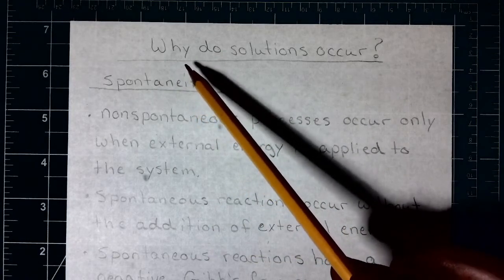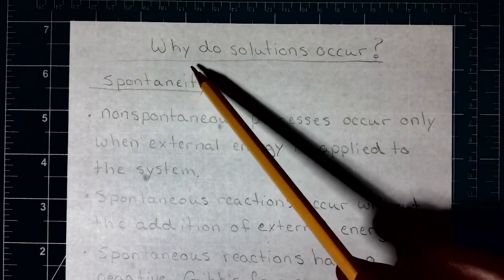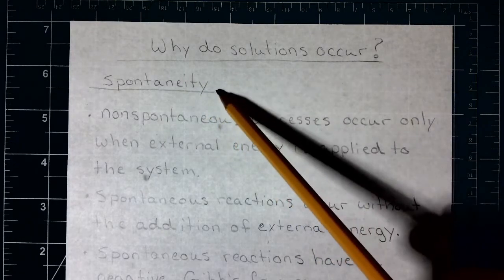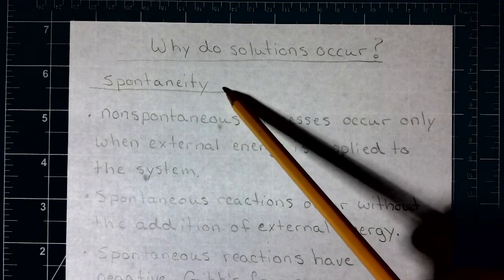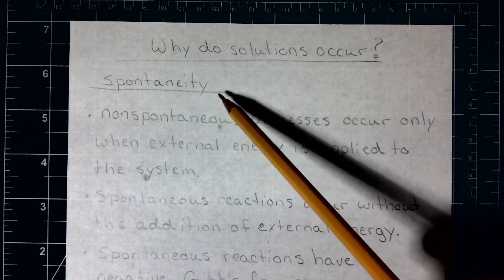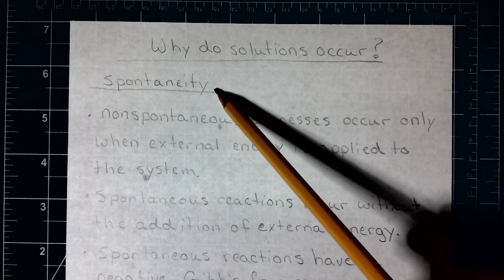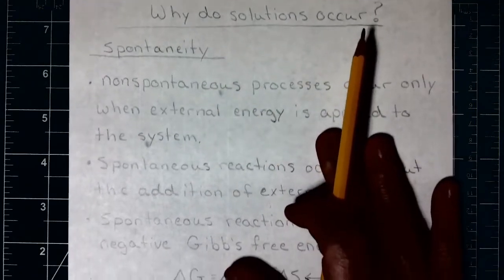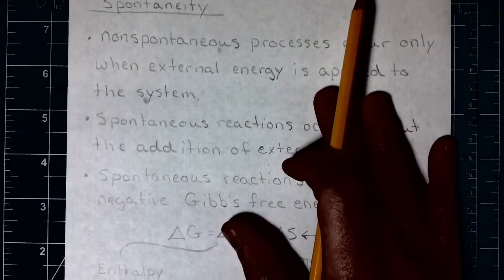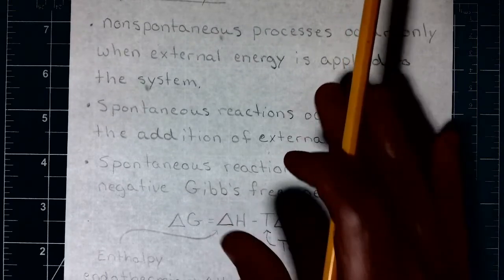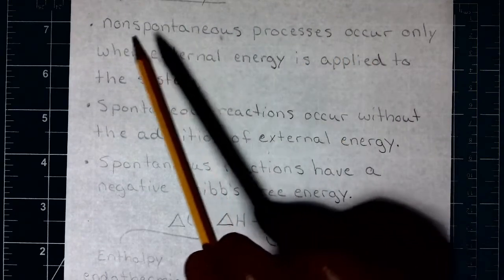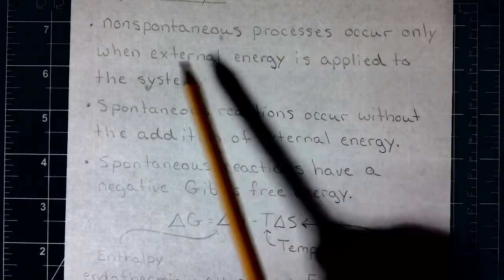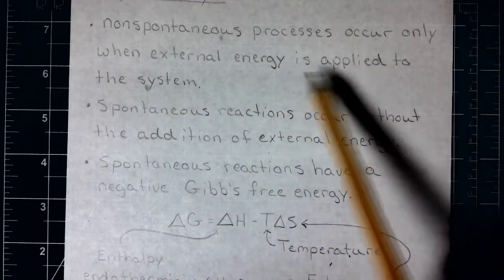So the next natural question to ask is, why do solutions occur at all? And the first way that I want to explain this through is I need to explain to you guys the idea of spontaneity. So processes get broken down into two categories. We have the non-spontaneous process, and these occur only when external energy is applied to the system.